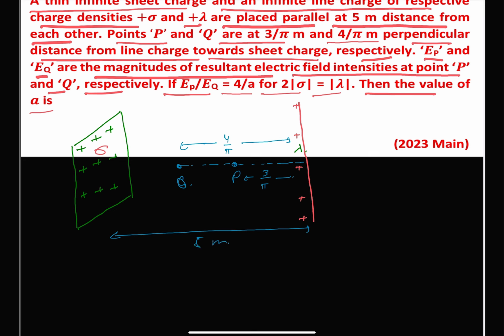We are given that the resultant electric field intensity at point P and its ratio with Q is given as 4 by A. And we are given another relationship that the magnitude of our sheet charge density is equal to the magnitude of our line charge density.